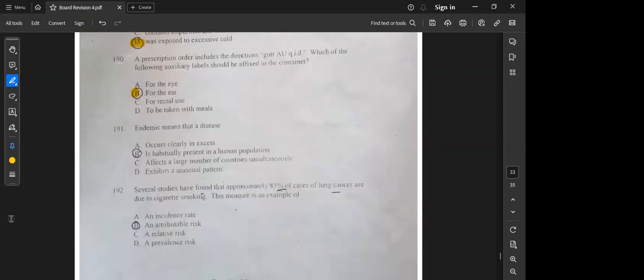Endemic means that a disease, I think we've discussed this before, and a picture was also sent to the group. Endemic disease is constantly present in a certain population or region.